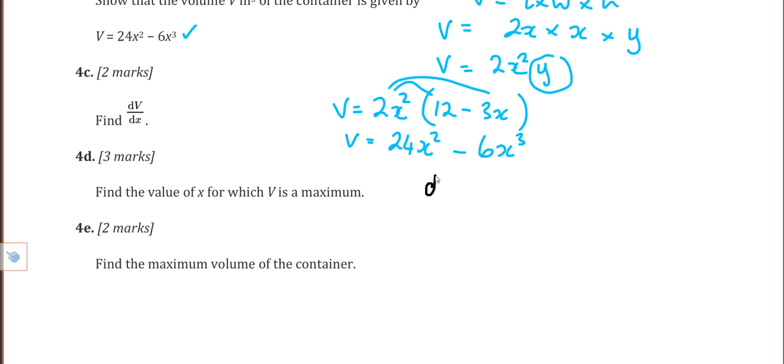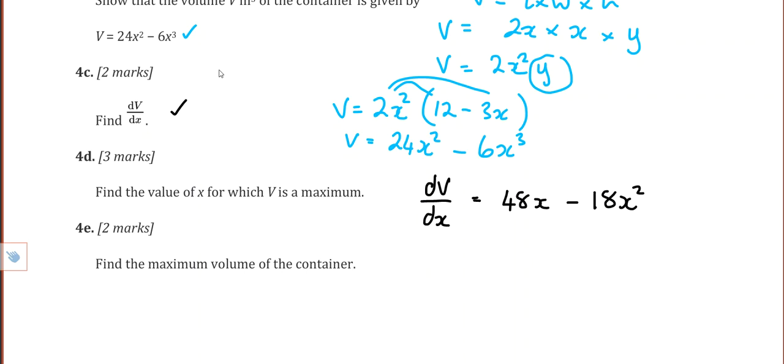So if that's v, dv dx will be, anyone want to tell me? 48x, x squared. There you go. 48x minus 18x squared. Alright. So that's that done.